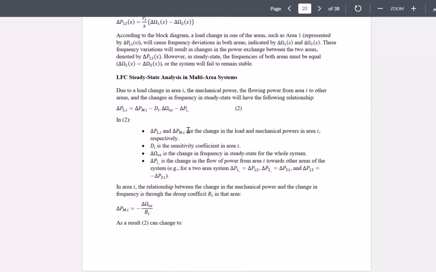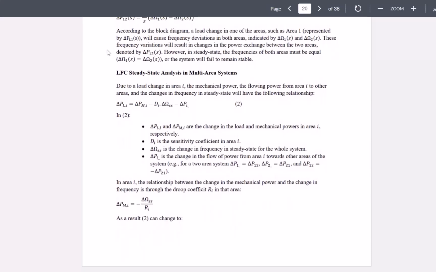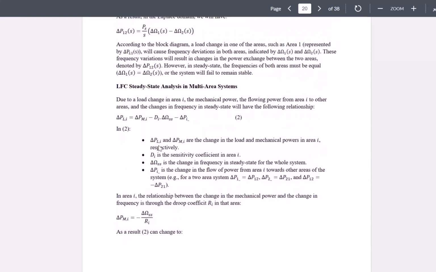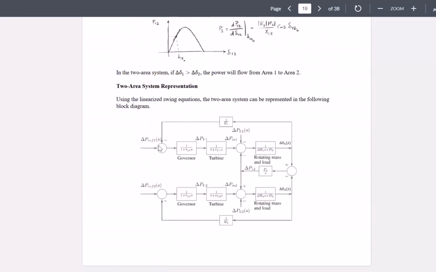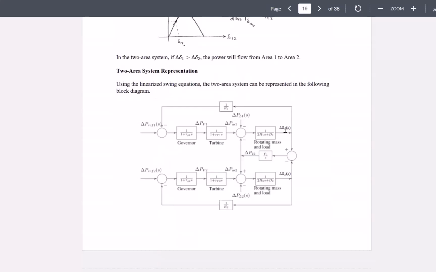And also you can come up with the frequency change under steady state conditions with respect to the changes in loads in any area. Keep that in mind, even though we talked about delta omega 1 and delta omega 2, which are the changes of the frequency in each area, under steady state conditions all delta omega would be the same delta omega.